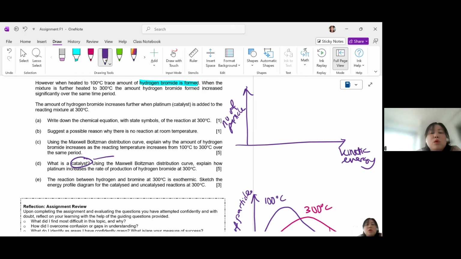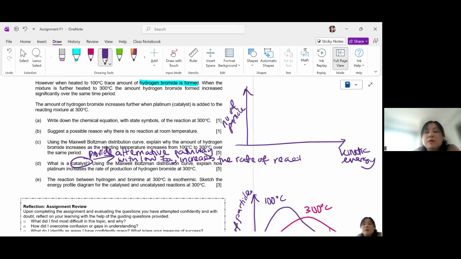So for catalyst, the role is something that was added to provide an alternative pathway with lower EA, and as a result, it increases the rate of reaction without being chemically changed.